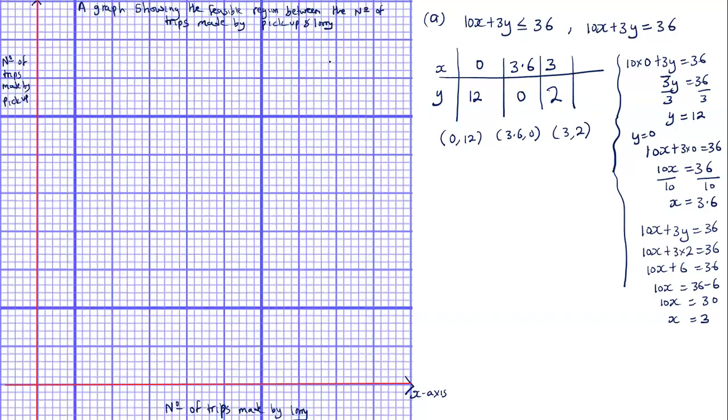Then the next one, we must have a scale. So you must have a vertical scale and you must have a horizontal scale. Another thing now when you look at the values I want to plot, you're noticing that my y must reach 12. But when you look at my graph, I don't know whether I'll be able to reach the 12.